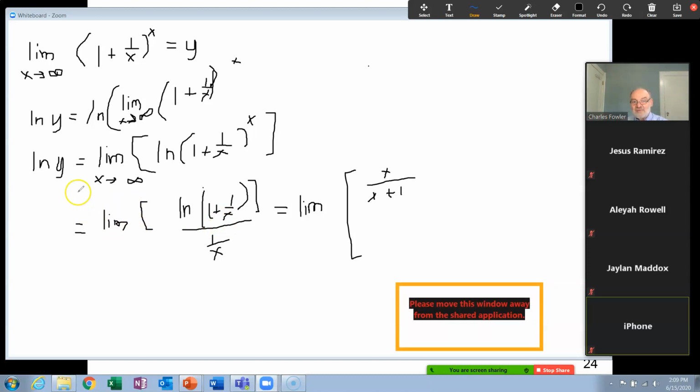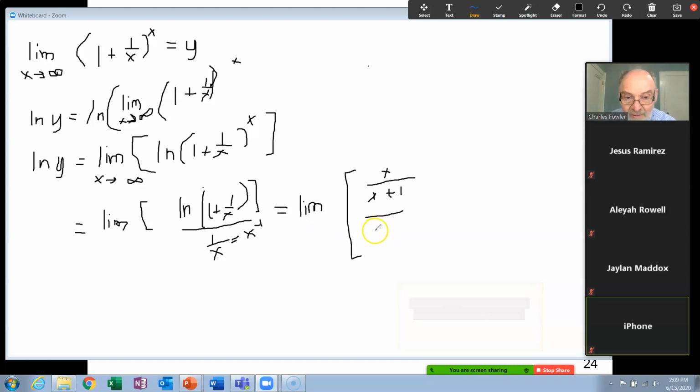And then derivative of the denominator here, think of this as x to the minus 1. And derivative of that would be minus x to the minus 2. So that would be minus 1 over x squared.